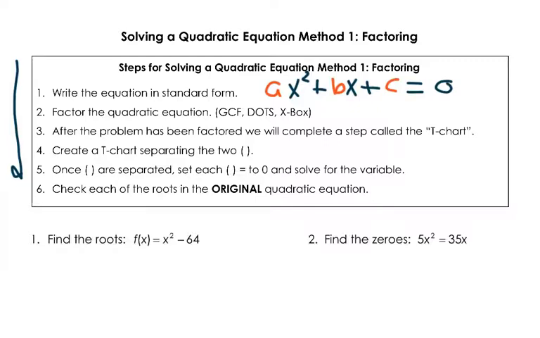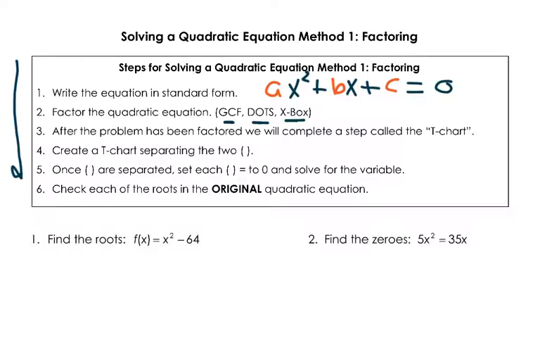We want to make sure that our equation is factorable, so you want to be able to factor using any of the methods from our last unit: GCF, greatest common factor, DOTS, difference of two squares, and when we're looking at trinomials, we want to use our Xbox method.